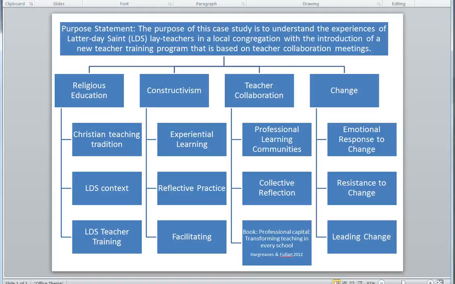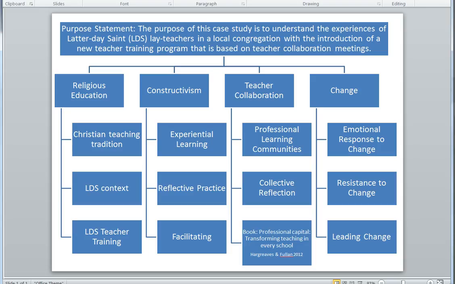The purpose of this case study, notice she names the study, is to understand the experiences of Latter-day Saint lay teachers in a local congregation with the introduction of a new teacher training program that is based on teacher collaboration meetings. So she's named a lot of the important concepts that are included in her study.